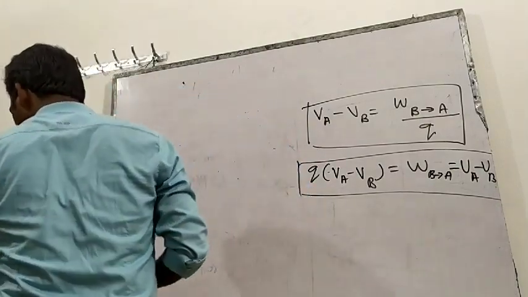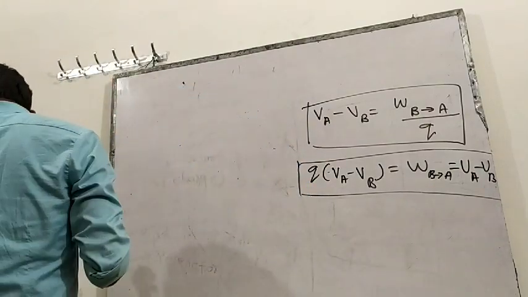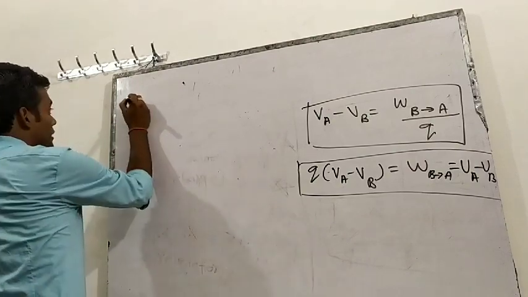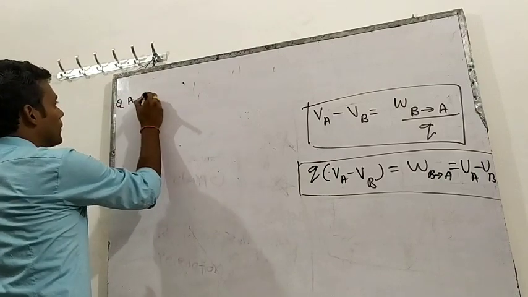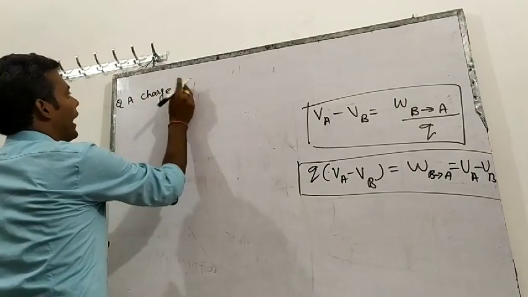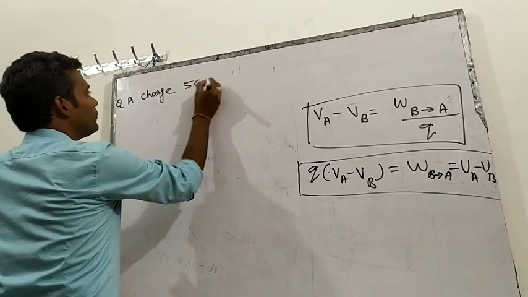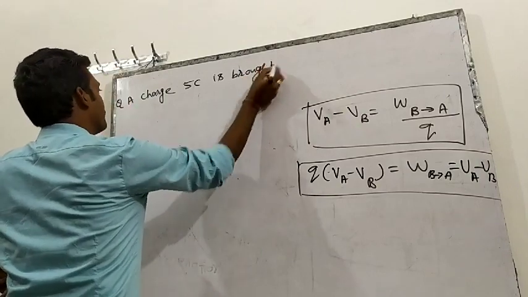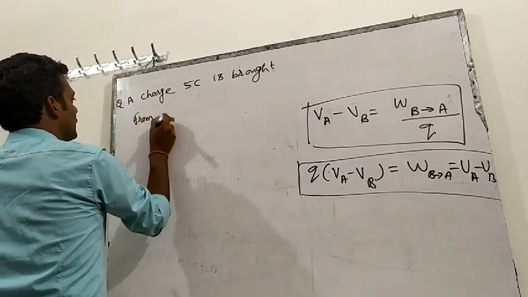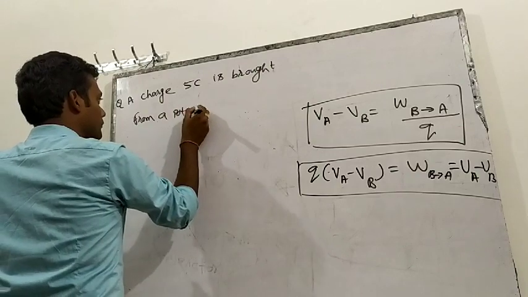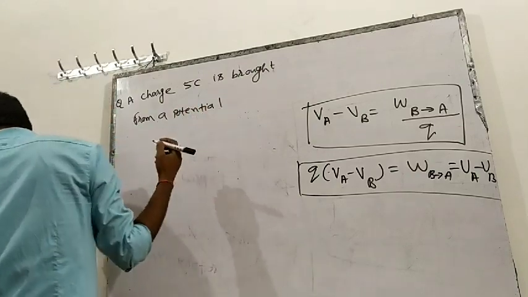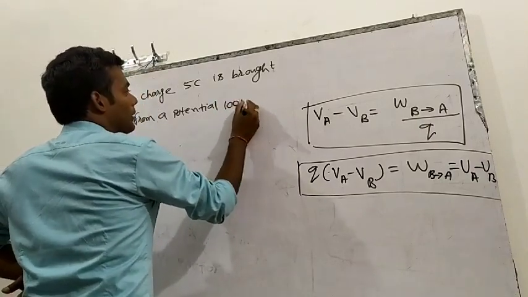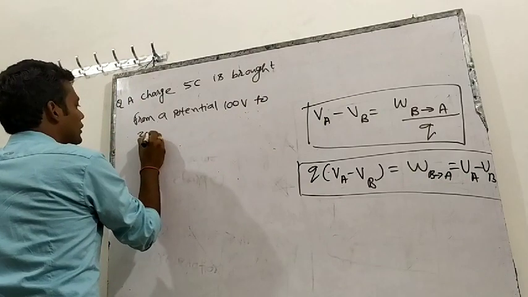The question is that a charge 5 coulomb is brought from a potential 100 volt to 300 volt.